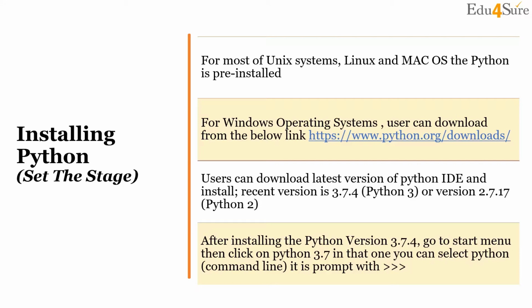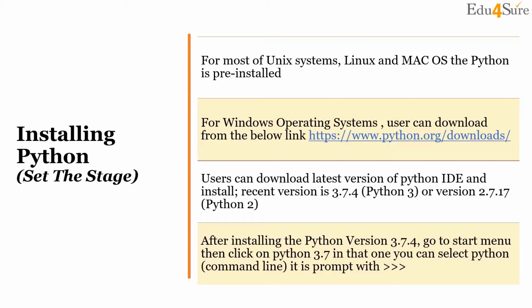The latest version of Python can be easily installed by navigating to the downloads page of python.org. The recent version may be 3.7.4, 3.8.0, or the latest 3.9.6. The Python version is specified by the first character of its version number.